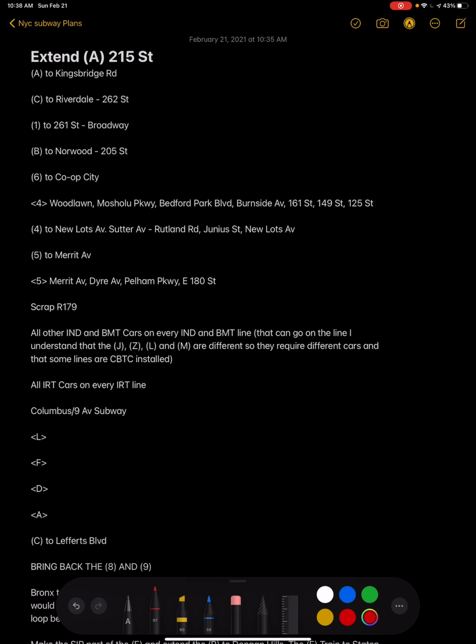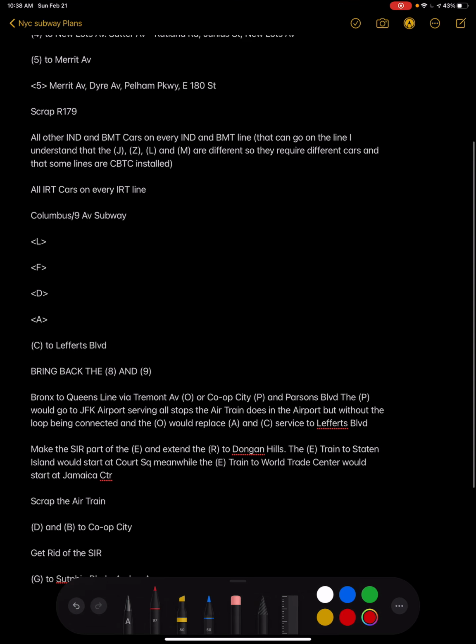However, as far as I know, the 1, 2, 3, 4, 5, 6, and 7 trains all can use the same cars, so I didn't really have to add any modifications there.